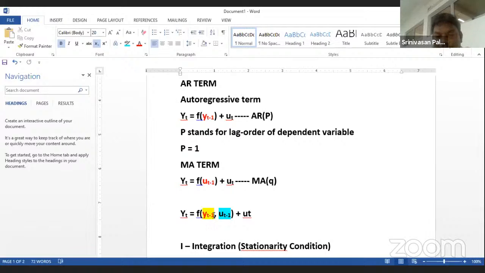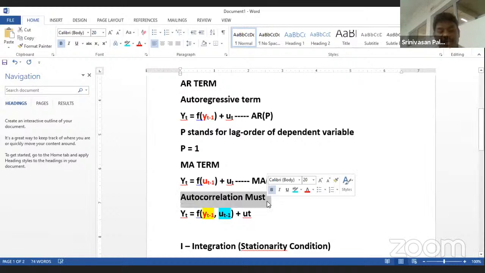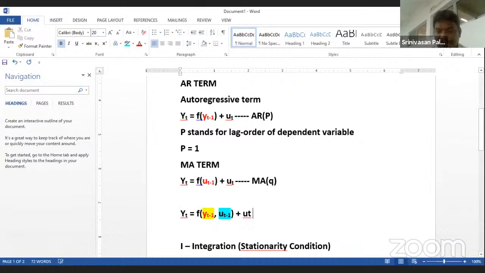Now, apart from this YT minus 1, we have one more component. One gentleman asked about autocorrelation. We should have an autocorrelation problem for ARIMA. Autocorrelation is a must. Please make a note. Why is it a must?